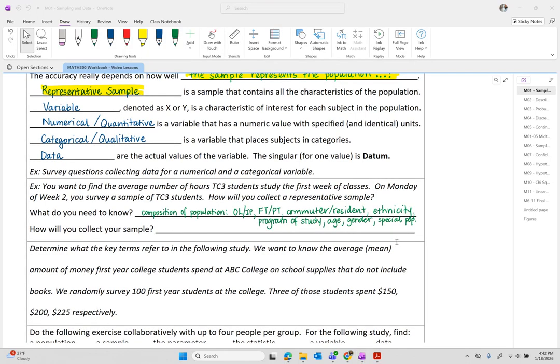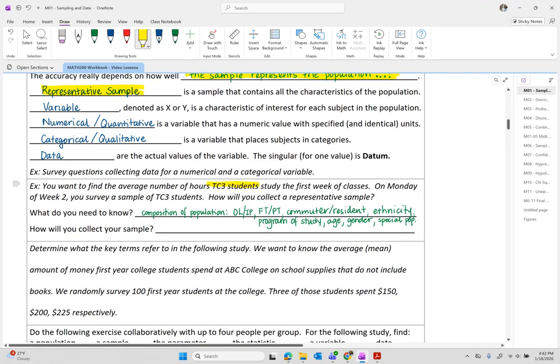So first you need to know the characteristics of your population. If my population is TC3 students in general, I need to know what kind of students are at TC3. Are they online? Are they attending in person? Are they full-time students, part-time students, commuter students, residential students?